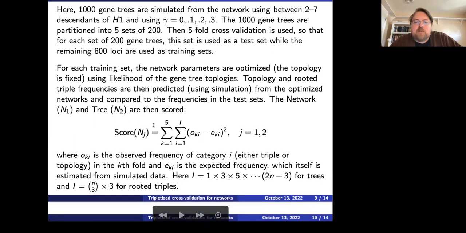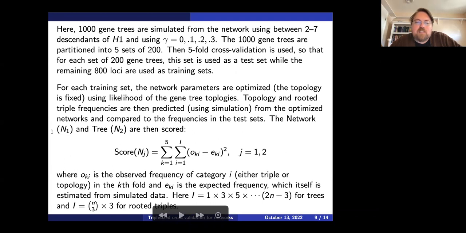Okay, so then you have 2 networks, N1, which is the true network, and a tree, which is basically the tree you'd get if the hybridization parameter was set to 0. So then we're comparing those, and we're producing a score for each network. The score is the sum of squares. So we're summing over all the folds and summing over each gene tree.